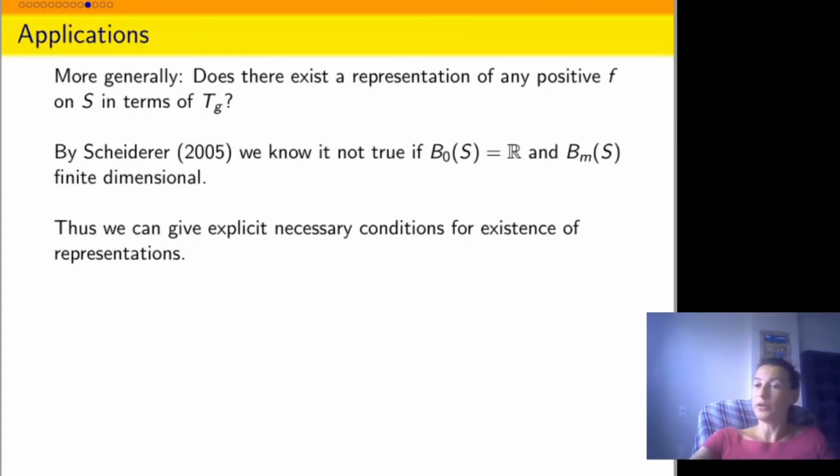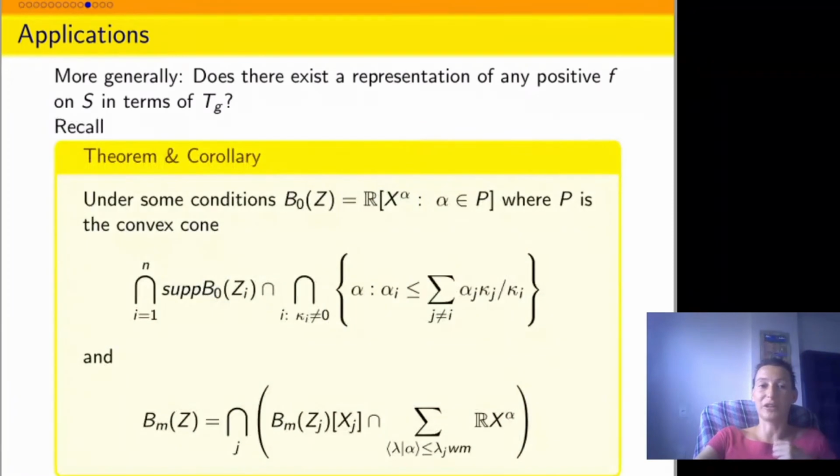So we have already given some explicit necessary conditions for the existence of representations during this talk, because it's easy to see whether a cone, which is an intersection of finitely many half spaces given in a combinatorial way, has only the origin as the intersection, which is the same as saying that the algebra of bounded polynomials is just the constants.